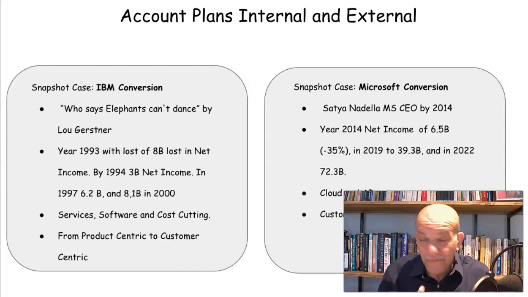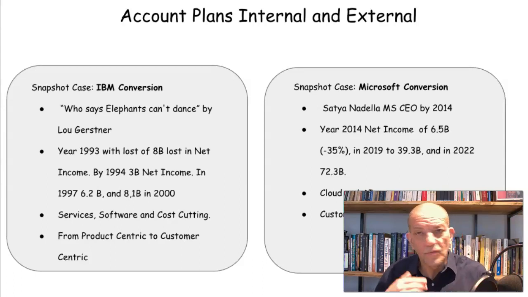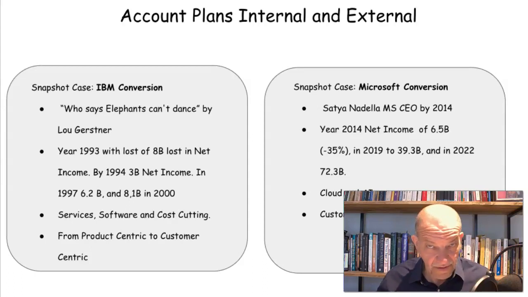But within the next few months after he took office, the numbers turned around and became positive net income. Within the next few years, as I said, the company started growing and growing and growing. What did he do? Well, he changed from a product-centric to a client-centric type of company.